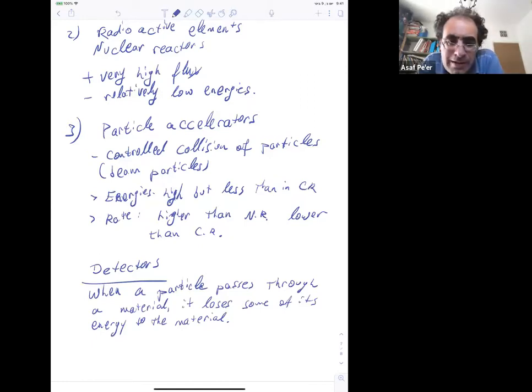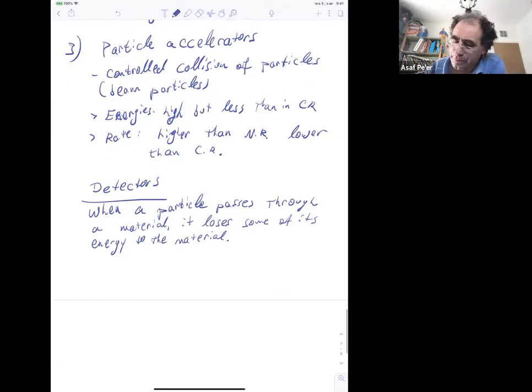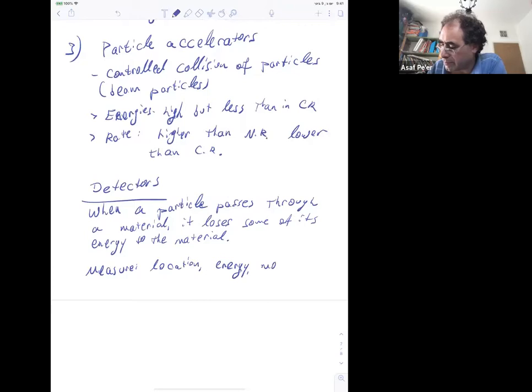Typically it is possible to measure the location where the particle was and also the energy and momentum. Now, obviously the accuracy is much less than the upper limit set by Heisenberg's principle, but it's still quite good.